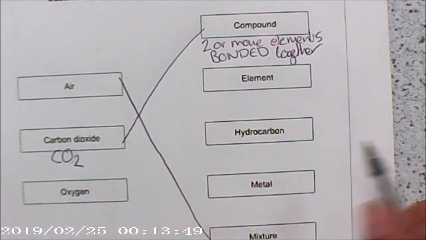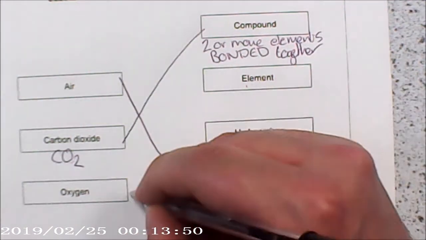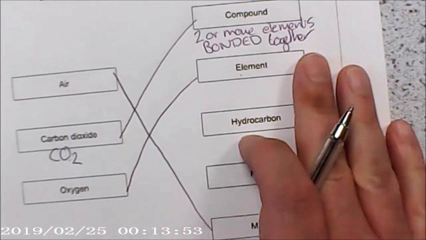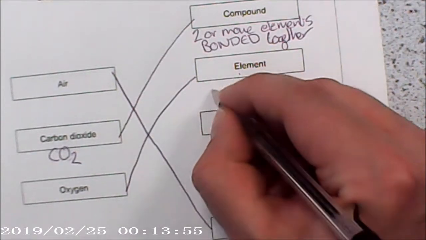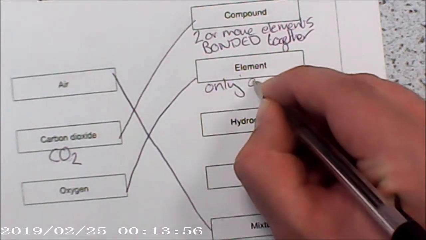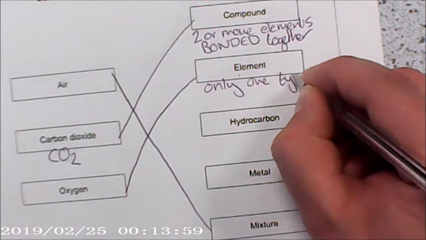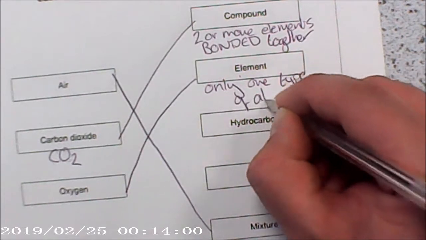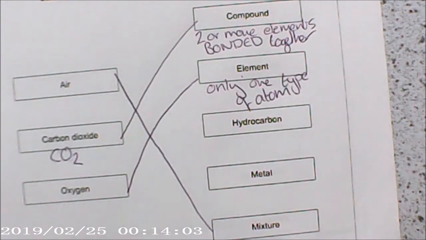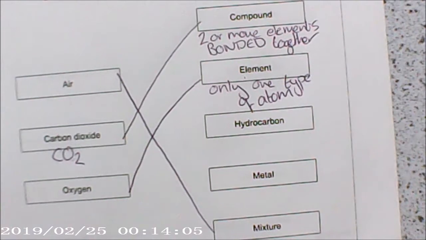That contains neither. So it must be an element. Okay, and an element contains only one type of atom. So if it only contains one element, one thing, one atom, then it is an element.